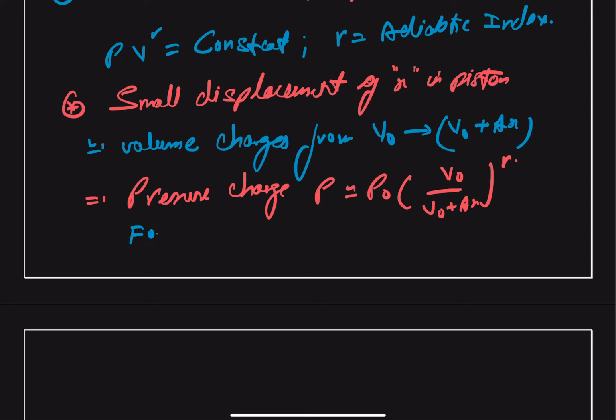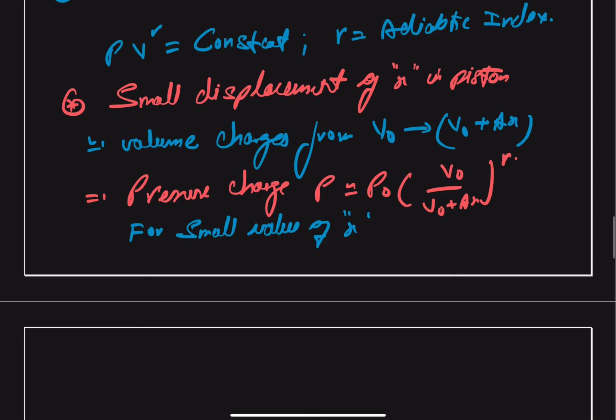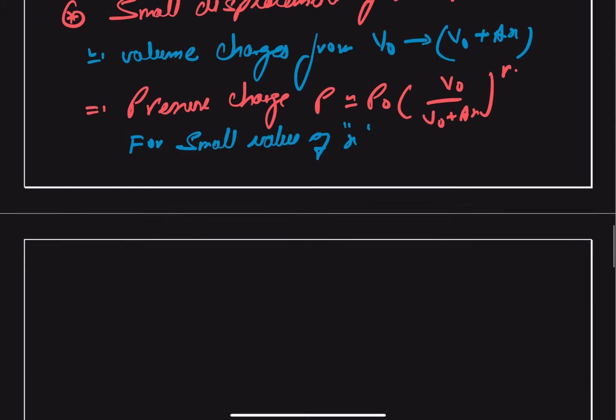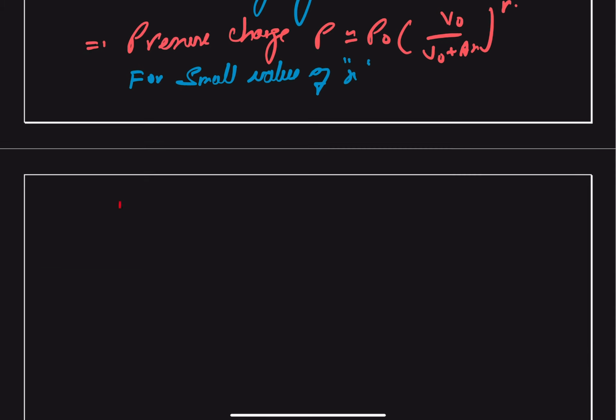So for small value of x, the expression can be written as P is approximately P naught times 1 minus gamma Ax upon V naught.